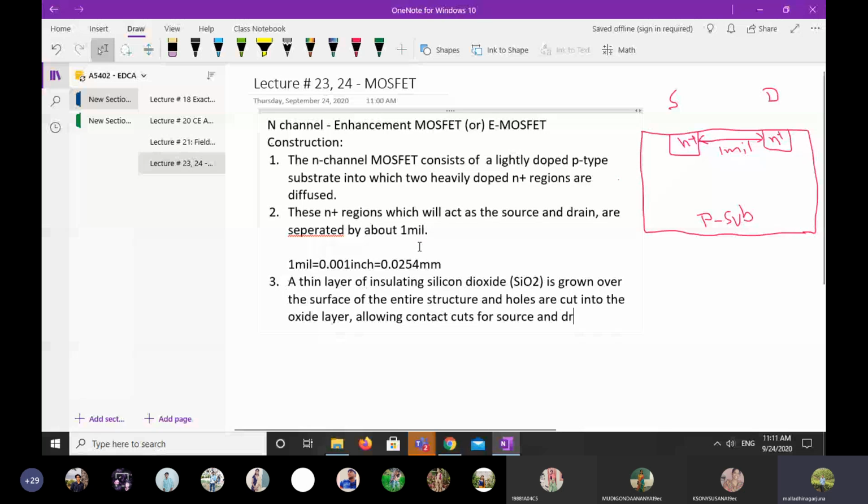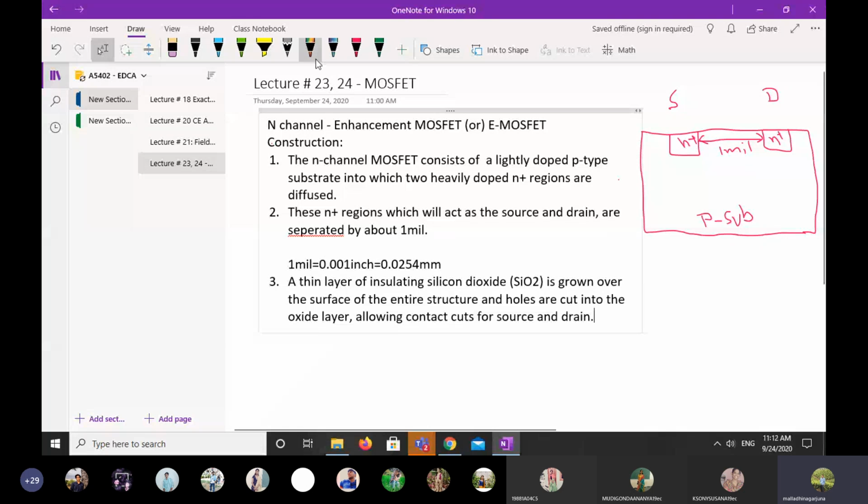So the third step is a thin layer of insulating silicon dioxide, SiO2, grown over the surface of the entire structure, and the holes are cut into the oxide layer, allowing contact cuts for the source and drain.